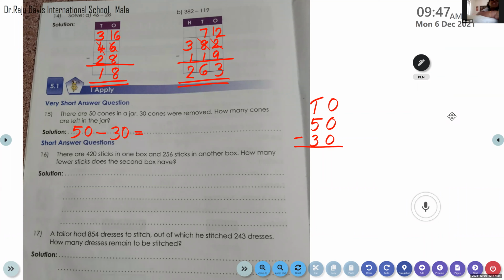It's not clear what you're telling. The answer is 20. Yes, the answer is 20. So please write. Next question's answer I will say.